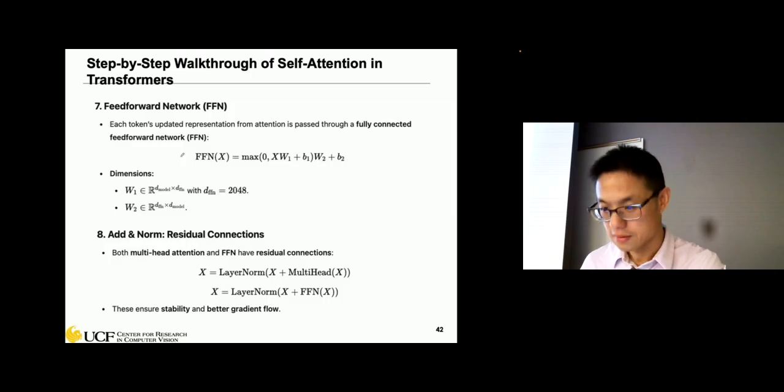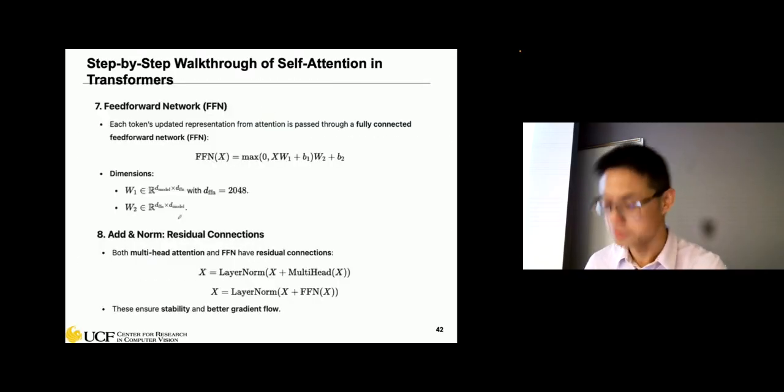So that's the attention, but we can also add these classic layers: the feed-forward network, and the residual connection, which helps the gradient flow through the network if you have multiple attention blocks. We also use layer normalization in the self-attention mechanism.